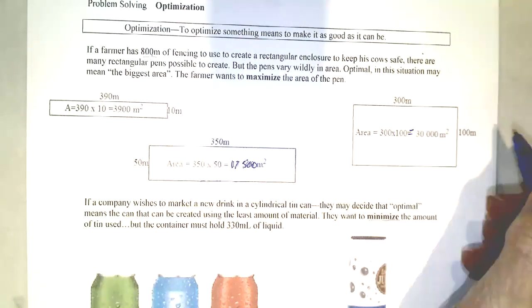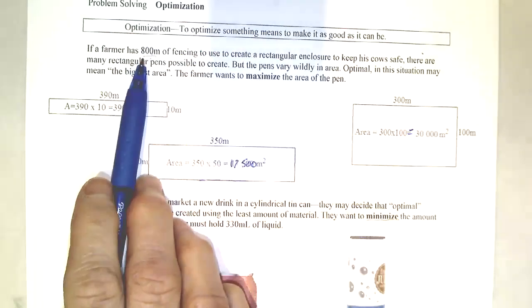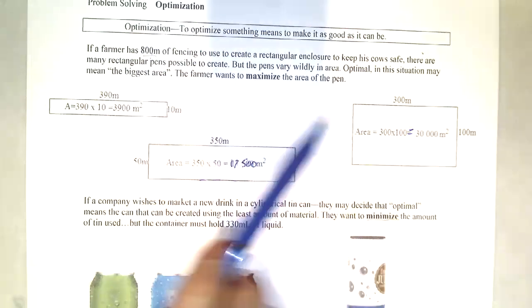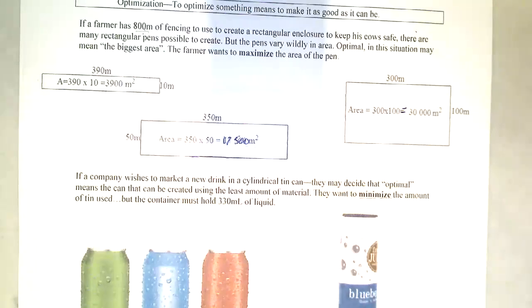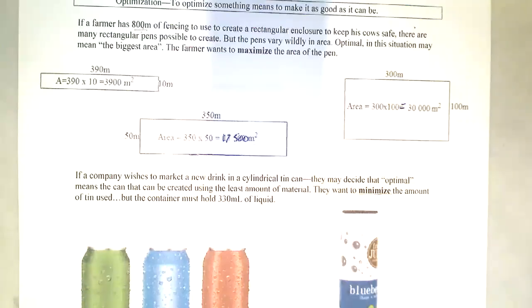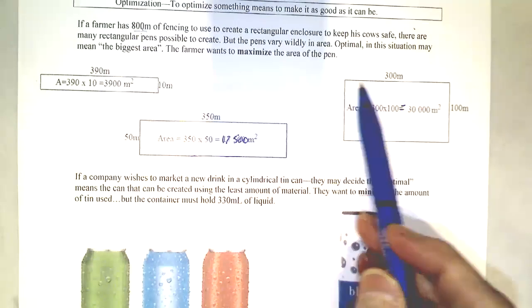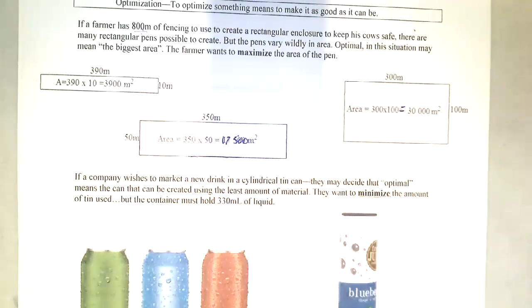It's 30,000. So clearly, having 800 meters of fencing gives you many options. You want to choose the option that would give you the greatest possible area. And there are mathematical techniques that would allow you to ultimately calculate the length and the width that would guarantee that the area was as big as it could possibly be, which would be what the farmer wants.